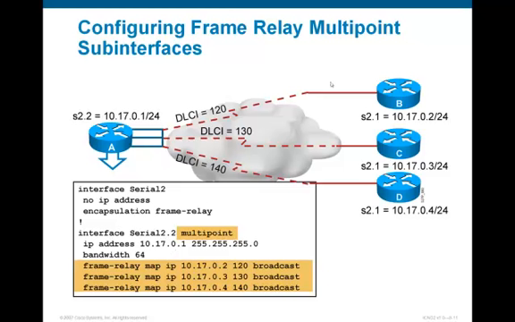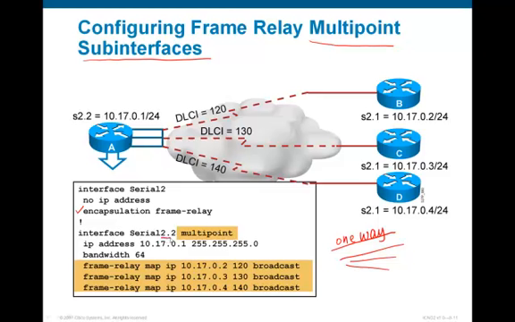Now, this example shows you how to create a multi-point sub-interface configuration. Now, bear in mind this is just one of the ways of configuring many circuits to report to one sub-interface. In this example, same thing, S0, we have to enable the frame relay encapsulation first by using the command encapsulation frame-relay.